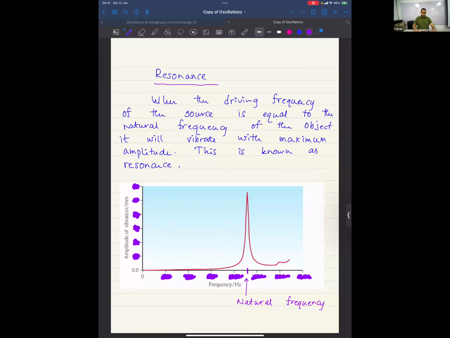Okay, so guys, this is how it will be. Let's say this is the frequency. If you sketch a graph of the amplitude of vibration versus the driving frequency, and keep on varying the frequency, the amplitude will vary in a shape like this.